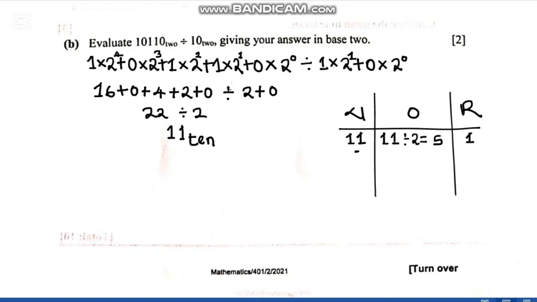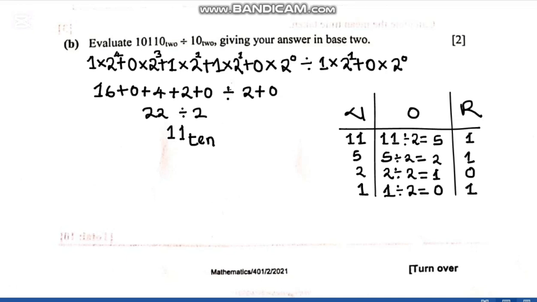We get 5. 5 divided by 2 is 2, and the remainder is 1. We get 2. 2 divided by 2 gives 1, and the remainder is 0. Then we get 1. 1 divided by 2 gives 0, and what remains is 1.